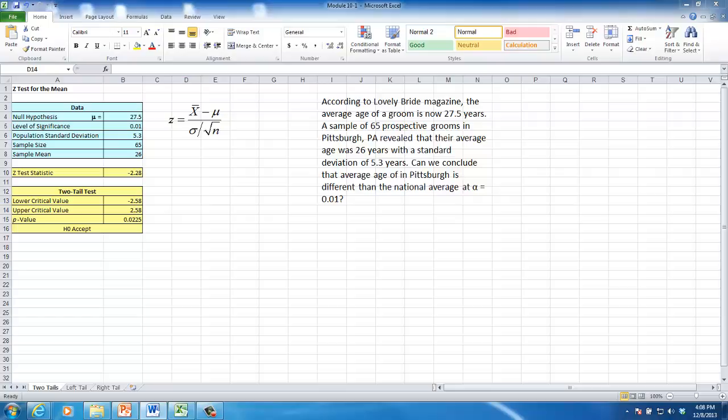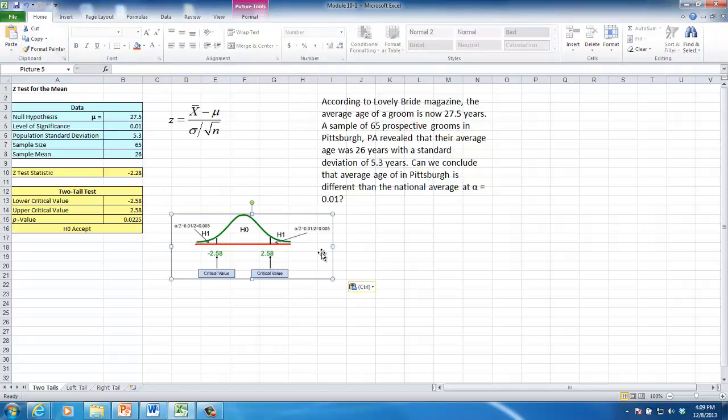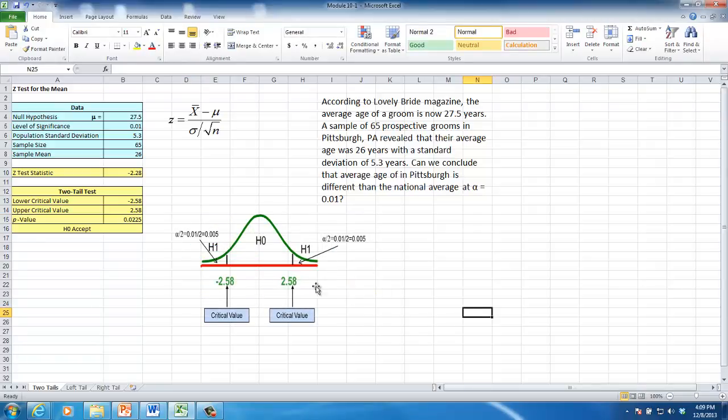Let me bring you the graphic for the critical values here. You can see here the critical values are between minus 2.58 and plus 2.58.